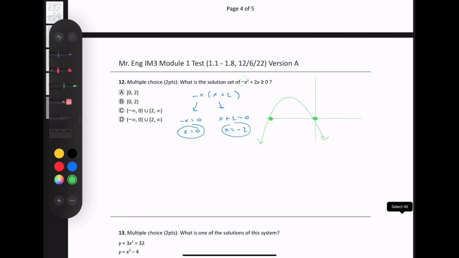We want values that are greater than 0. Now, what you can do is test these. So let's say -3 is my test point. If I put in -3 here, I think it's easier putting into the factored one.